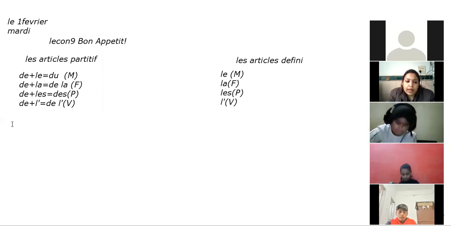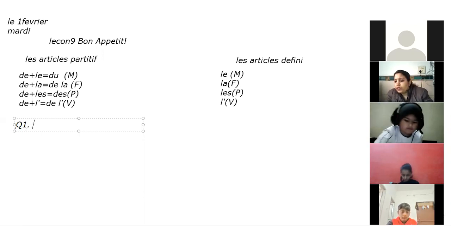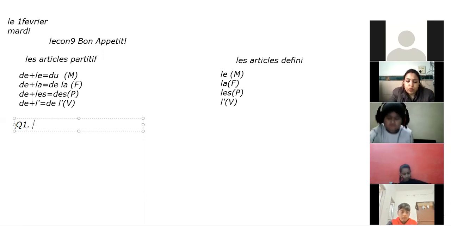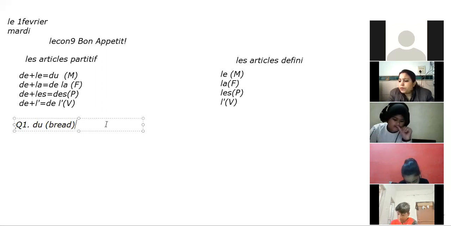Question number 1 for the back exercise says, Le matin Patrice mange dash pain. Patrice mange du pain. Pain is bread. Please write down. I'm writing in the bracket also. Then you can see to it. Patrice mange du pain. Pain is bread.